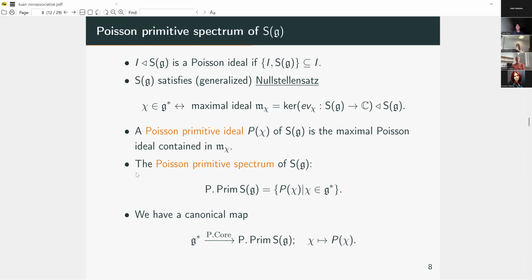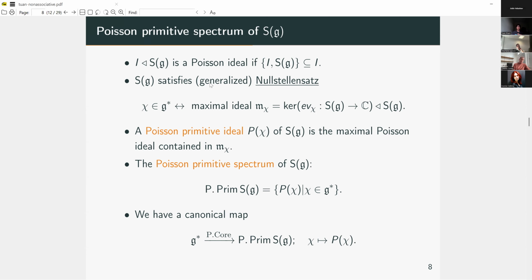Recall that our G is finite dimensional or countable dimensional. So S(G) satisfies the generalized Nullstellensatz. The Nullstellensatz works when G is finite dimensional, but you can extend it to countable dimension, so it works for our G here.